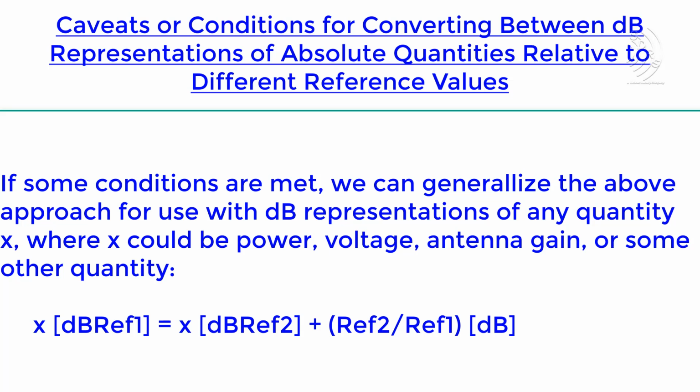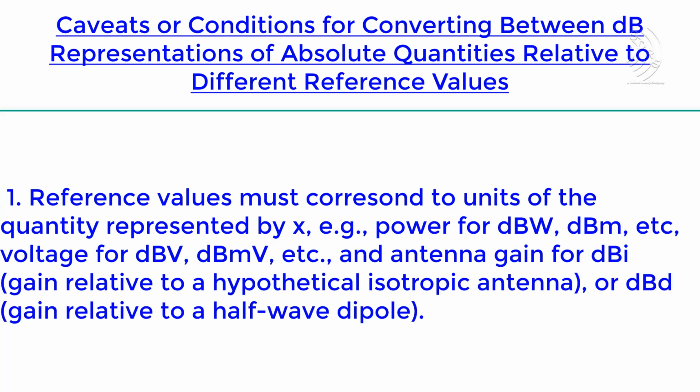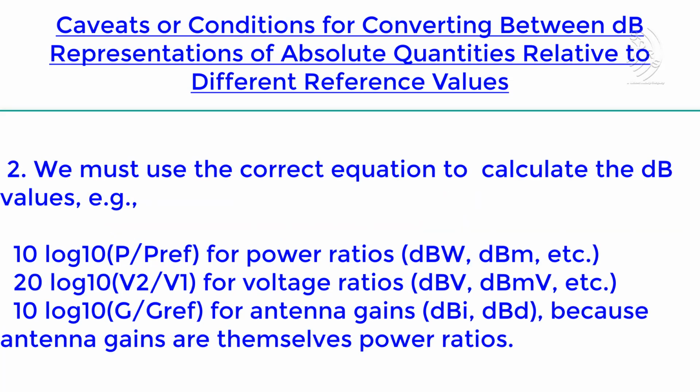For this to work, the reference values must correspond to units of the quantity represented by x. That is, power for dBW, dBm, dB microwatts, etc., volts for dBV, dB millivolts, dB microvolts, etc., and antenna gain for dBi or dBd. We must also use the correct equation to calculate the dB values.